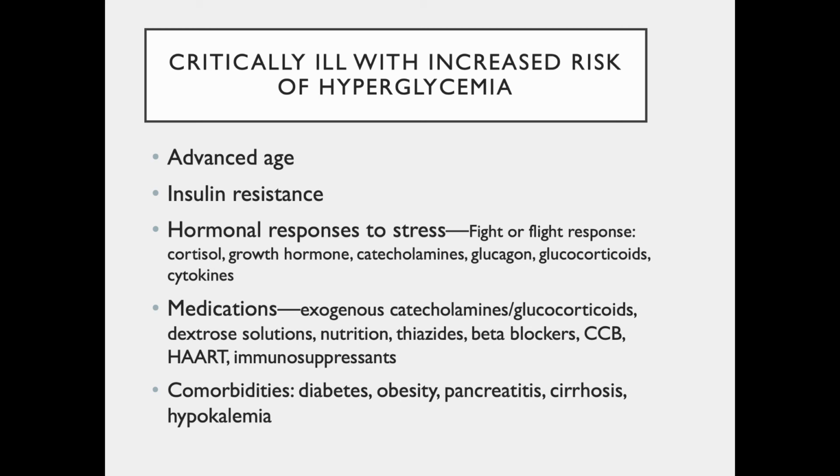And insulin resistance is really the problem in type 2 diabetes. There are also hormonal responses to stress that increase the amount of blood sugar. Catecholamines stimulate that. Growth hormone and other hormones increase hyperglycemia.